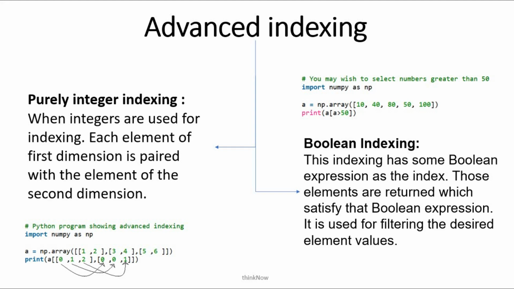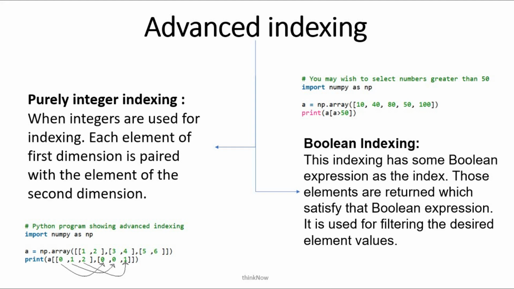In purely integer indexing, we write the dimensions separately. So in this example, since this is a two-dimensional array, there are two dimensions separated from each other. So if I want to process this, under print, I simply need to pair both the dimensions. 0, 0 gives me 1. 1, 0 gives me 3. 2, 1 gives me 6.